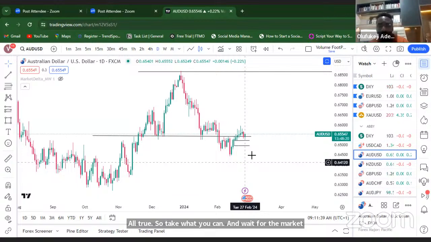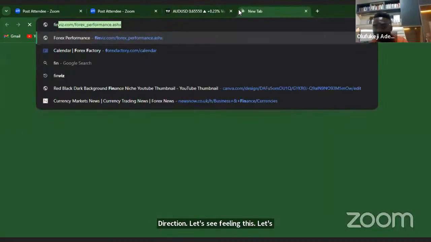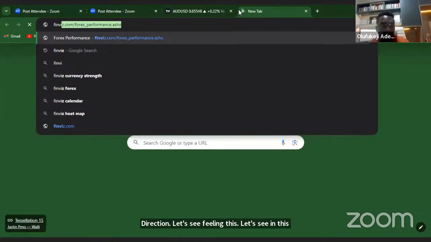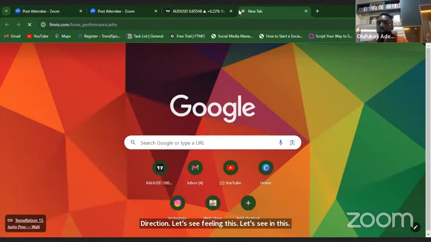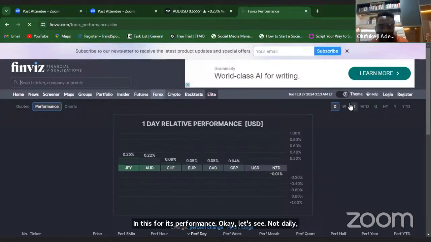Let's see FinViz. All right, Forex performance there. Not daily, not weekly. Let's see monthly.